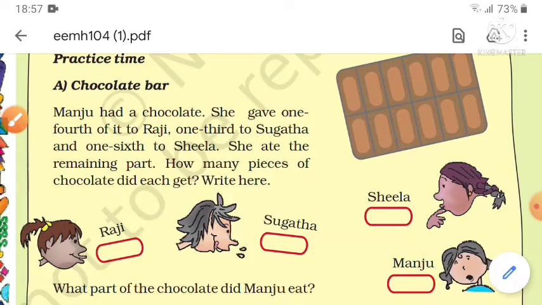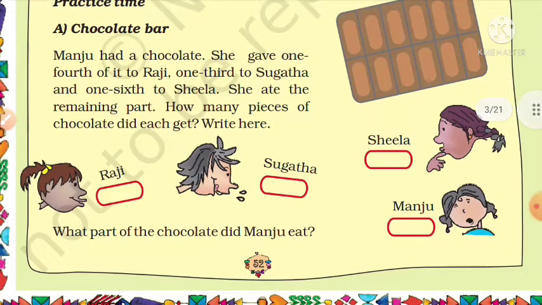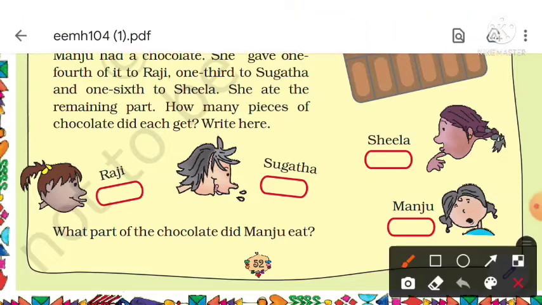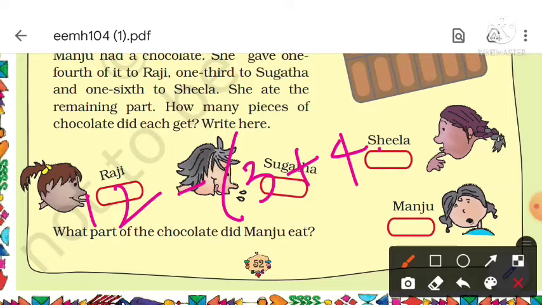Next is the question: what part of the chocolate did Manju eat? The part of the chocolate that remains with Manju: the total number of chocolate bits is 12, we know, and we have 3 bits for Raji, 4 for Sugata, and 2 bits for Sheila.